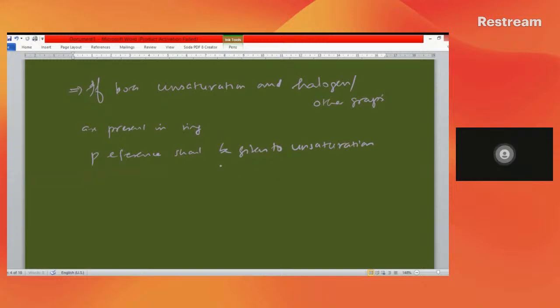Very, very important. You should give preference to the unsaturation.